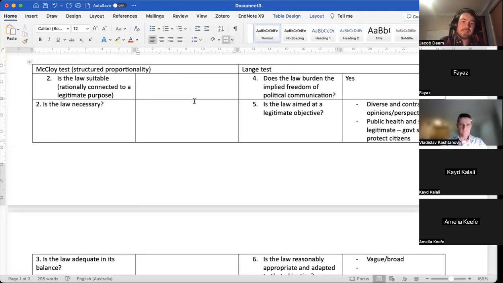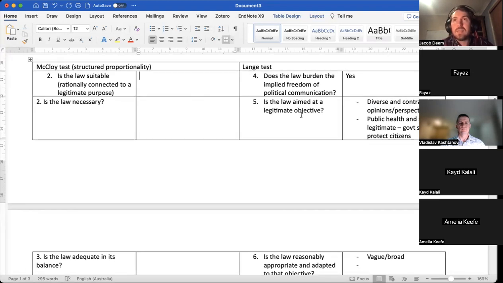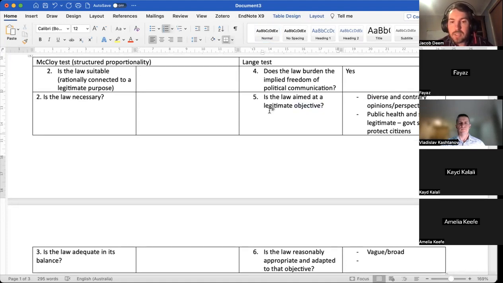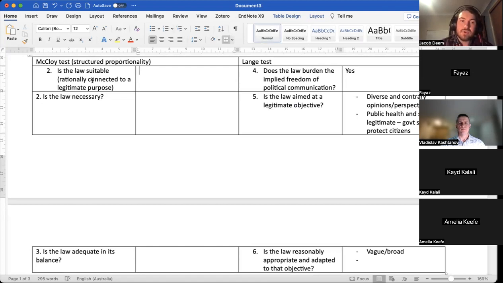So a lot of that is the same, but the difference is that we're drawing this rational connection, whereas under the Lange test, we're just looking at whether the objective itself is legitimate or not.